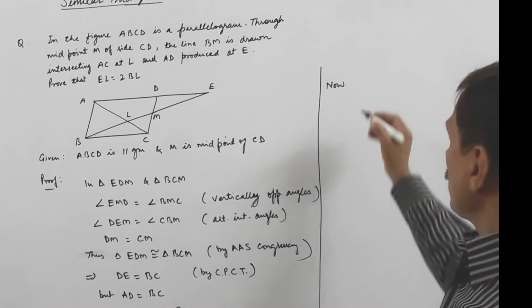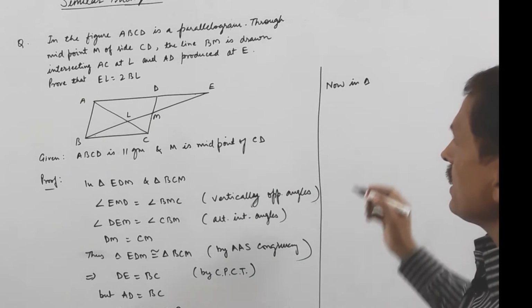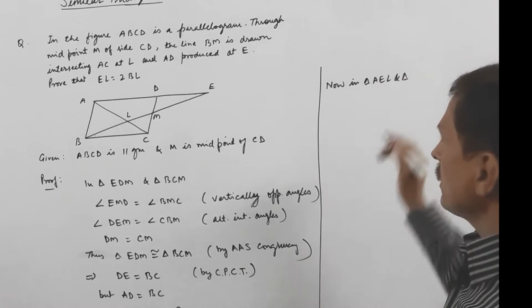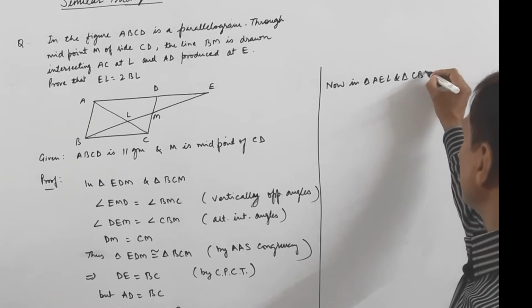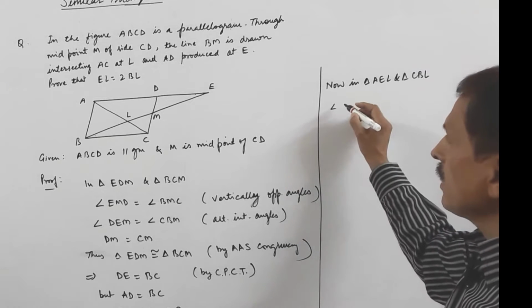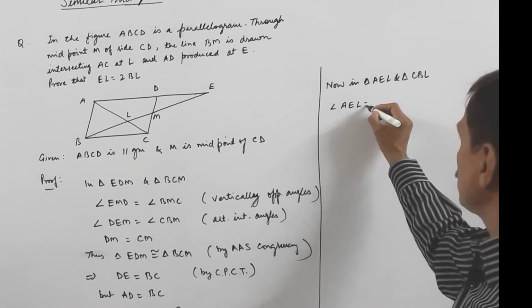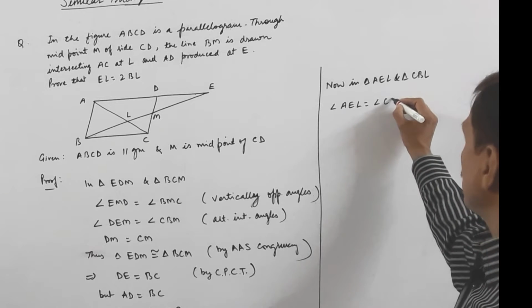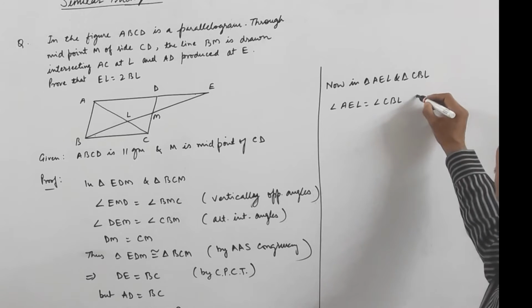Now, in triangle AEL and triangle CBL, angle AEL is equal to angle CBL, alternate interior angles.